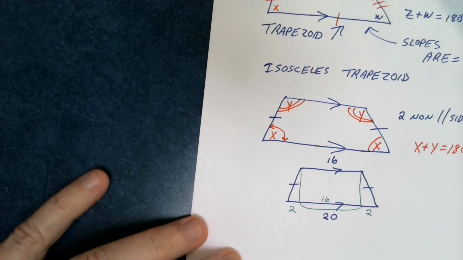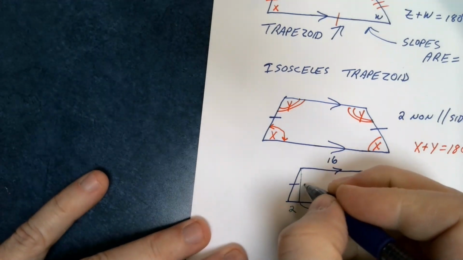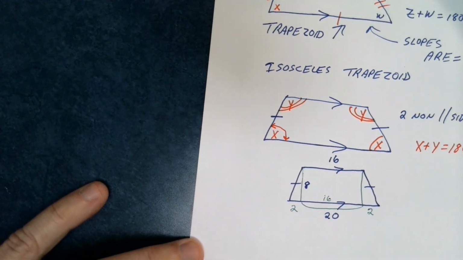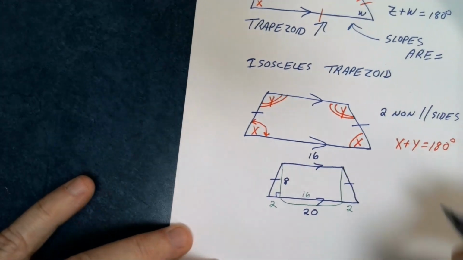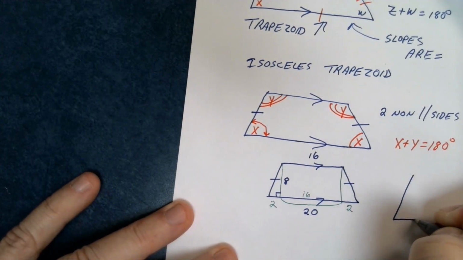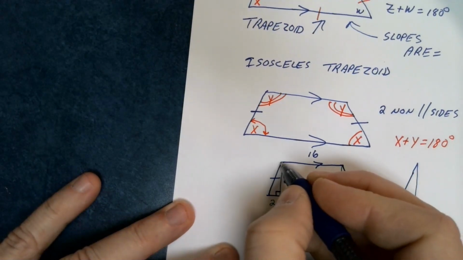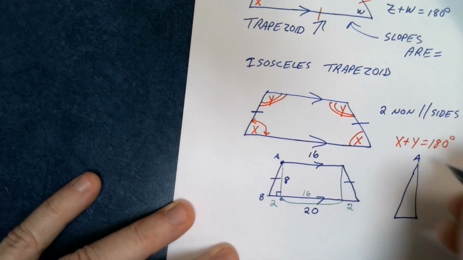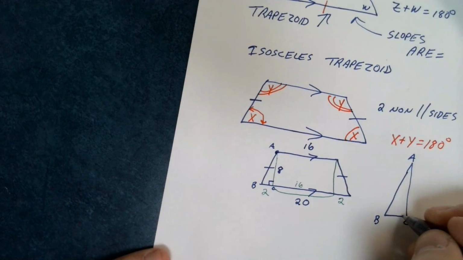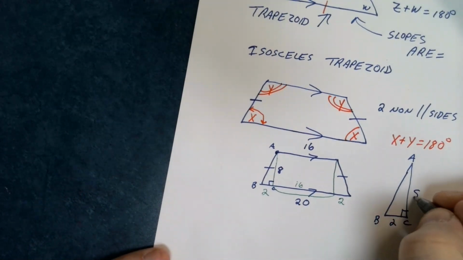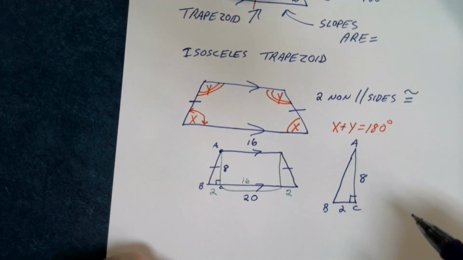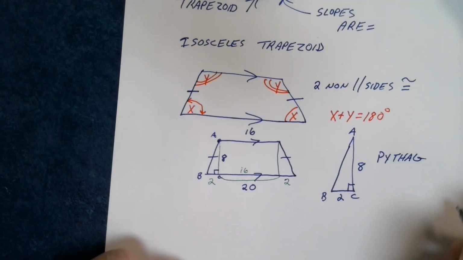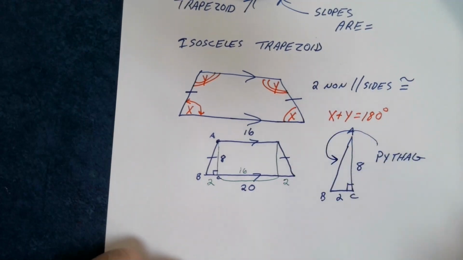Now, if we were also to know this, say this was an 8 right there, then since this is a right triangle, I'm just going to blow this triangle right here up, and let's call this A, B, and that little part C, A, B, and C. I would have a right triangle right now with a 2 here and an 8 here, which means I could use the Pythagorean theorem to be able to find out this side over here.